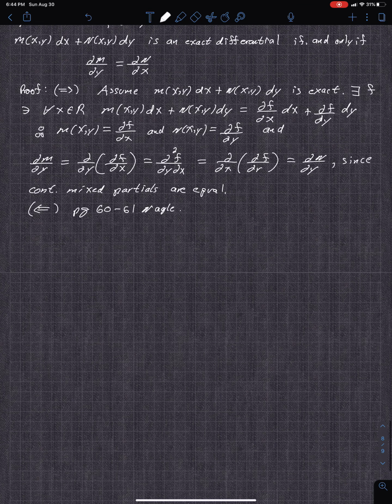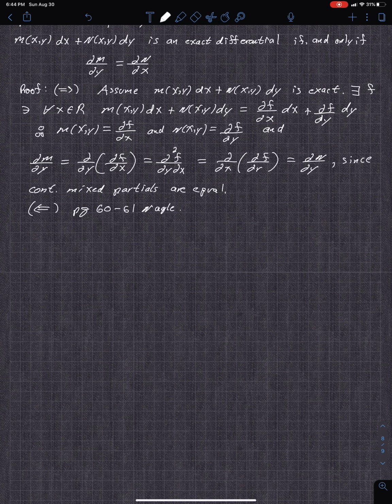They describe the other direction as more the procedure of how to find f, so that's what they reserve it for. So now let's move on to the examples. I'll show a few examples here before we go to the next section.